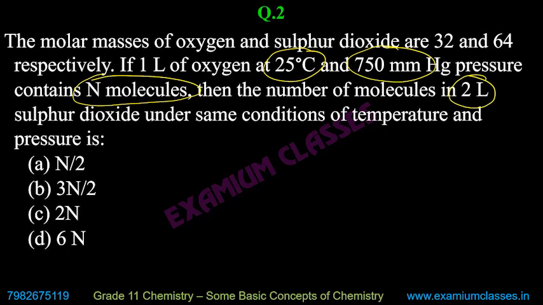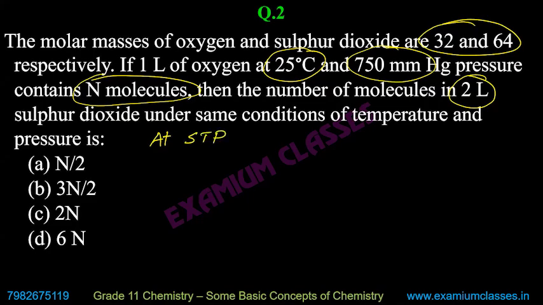Now, in such questions, this question basically tries to mislead you by giving the molar masses. These are not required. Oxygen and sulfur dioxide are both gases. The relationship between the volume and number of particles is very simple. At STP, this is not at STP, but I am explaining at STP, then I'll talk about it.